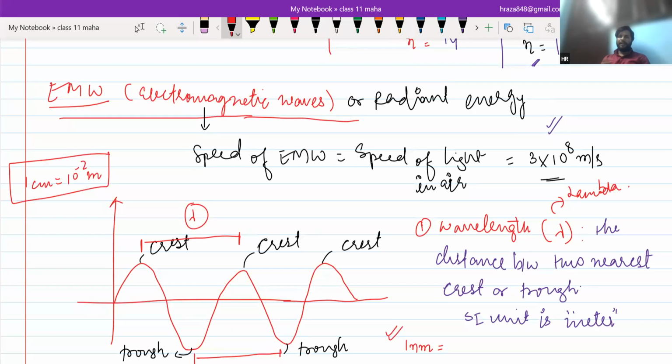Whenever there are numericals in this chapter, the wavelength will be in terms of nanometer, angstrom, picometer. So 1 angstrom is equal to 10 raised to the power minus 10 meter, and 1 picometer is equal to 10 raised to the power minus 12 meter. 1 micrometer is 10 raised to the power minus 6 meter.